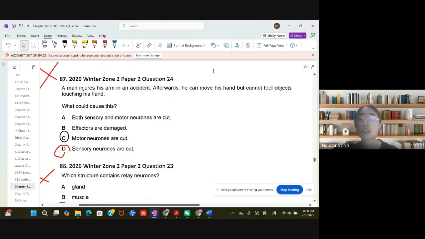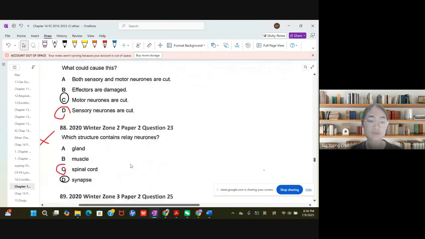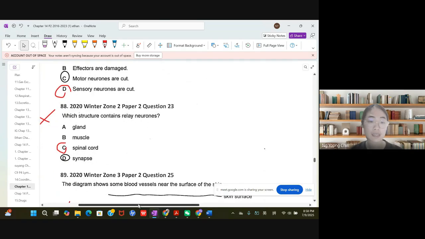Your hand is an effector organ. So that's why your motor neuron can function well, okay? But now you cannot feel objects anymore. You cannot feel the sensation, okay? That means that your sensory neuron is being affected. That's why you cannot feel the sensation. You cannot feel the pain, cold, hot. You lose the sensation already.